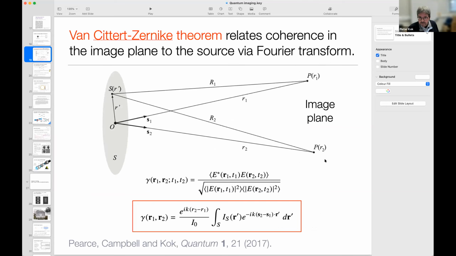Then you take this big matrix for the complex degree of coherence and take the Fourier transform of it, and you can reconstruct the source, because now the Fourier transform runs in the opposite direction. So you integrate the gammas, which is now a sum because of the finite number of detectors. Does that answer your question?